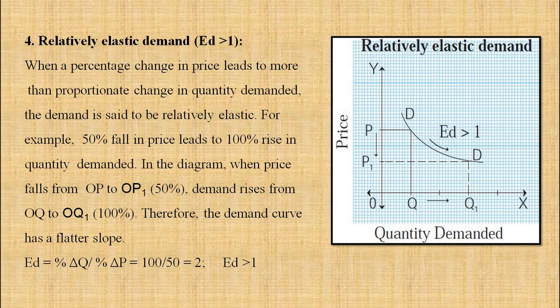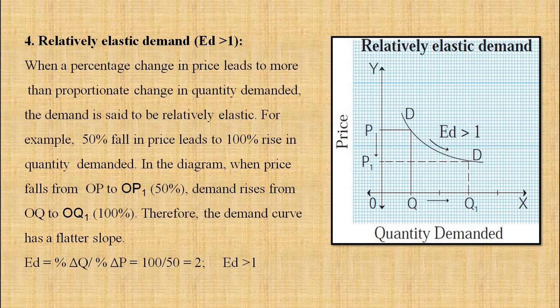Now the next is relatively elastic demand. Basically, perfectly elastic demand and perfectly inelastic demand are rare situations in the market. What exists in the market is relatively elastic demand and relatively inelastic demand. So let us understand relatively elastic demand.